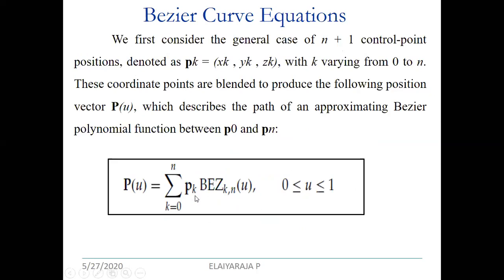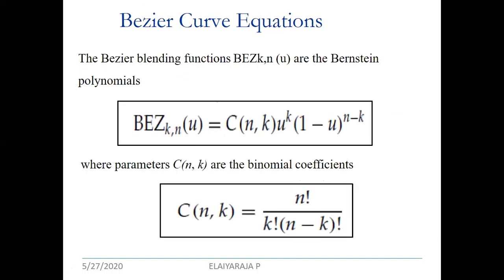The summation of your control points multiplied by this Bezier function defines the Bernstein polynomials, where the binomial coefficient C of n comma k can be rewritten as n factorial divided by k factorial times n minus k factorial.